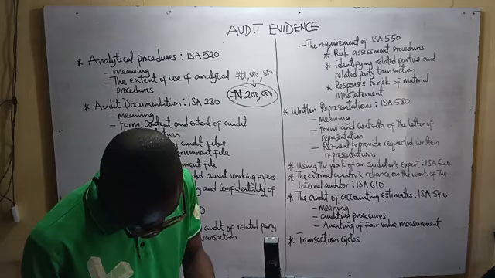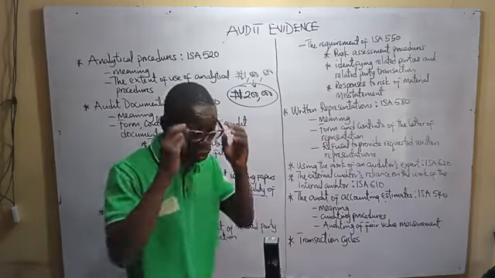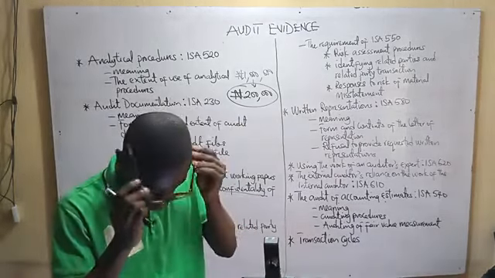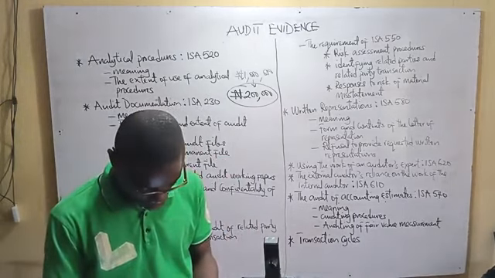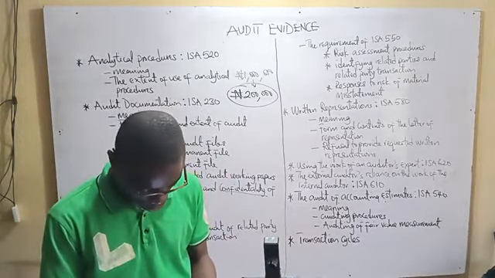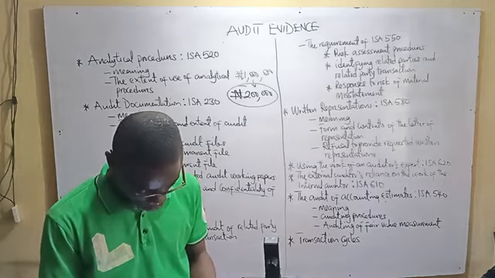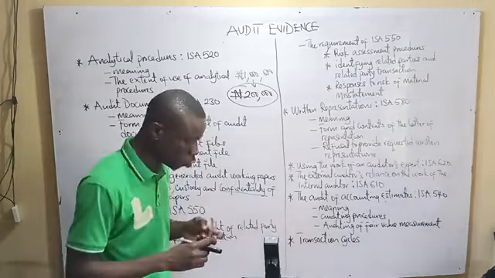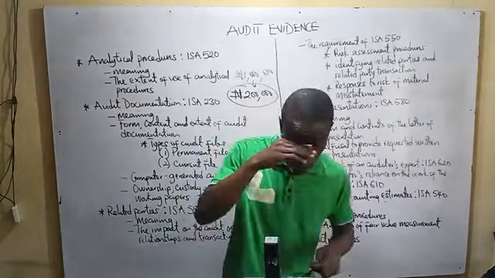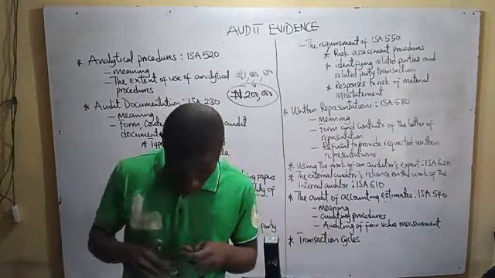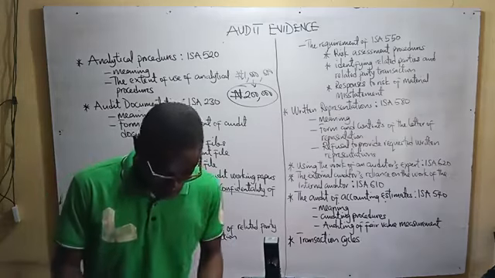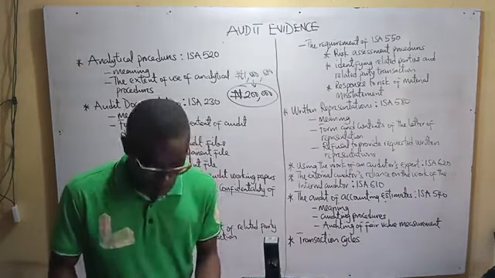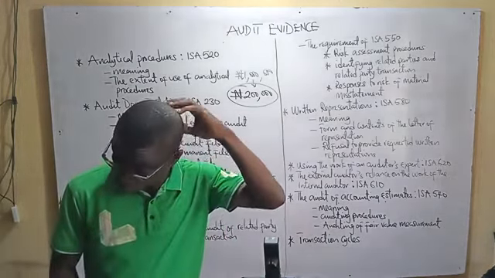Written representation can be a letter that is requested by the auditor from the client to substantiate some claim, or to provide some explanation on some issues that the auditor is not clear about.